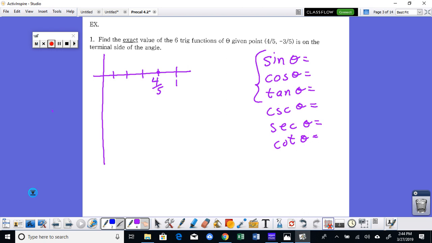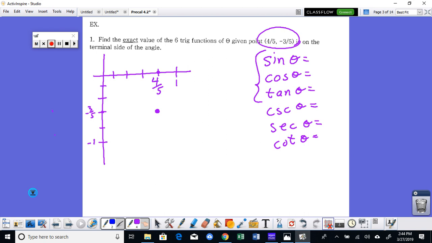On my y, I need a negative 3/5. So if this is negative 1, it's going to be 1/5, 2/5, negative 3/5, negative 4/5. So my point that I'm given by the ordered pair is 4/5, negative 3/5, right here. Simply plotting that point. Everybody good with that?